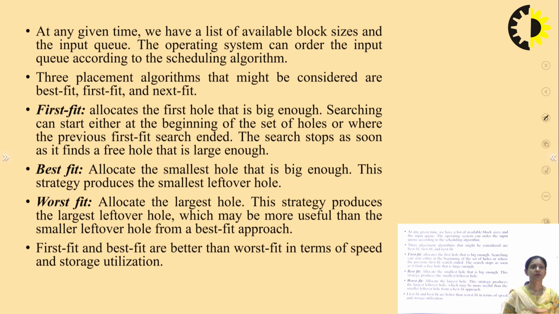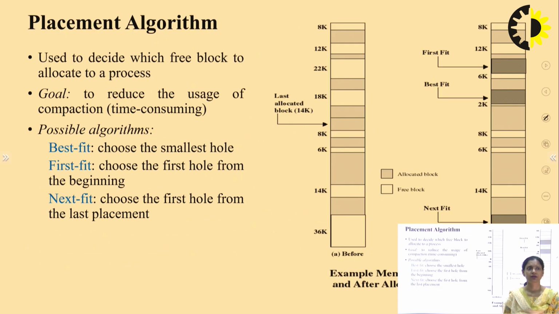Now we have some techniques or algorithms for how we allot these processes. We have three algorithms: the first fit, best fit and worst fit. The first fit algorithm allocates the first hole to the process which is big enough. As soon as a process comes, it gets the first hole that is available for it.